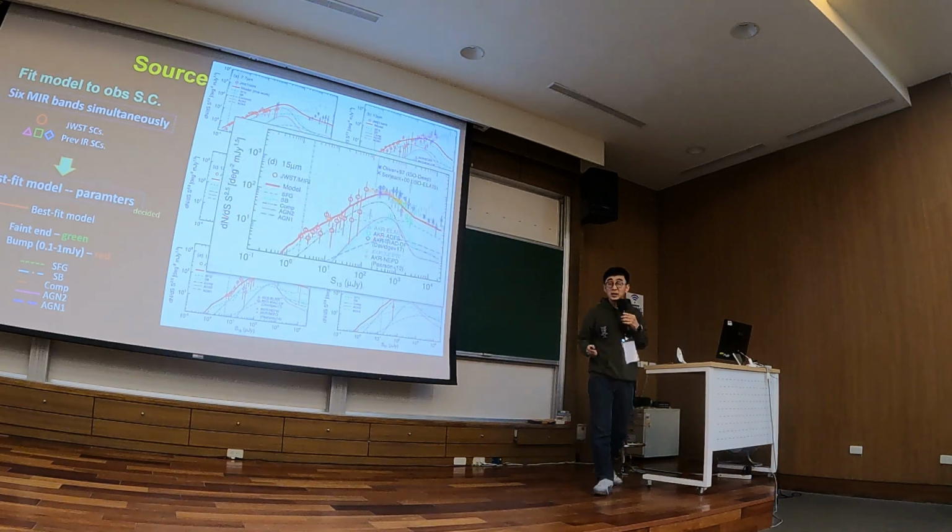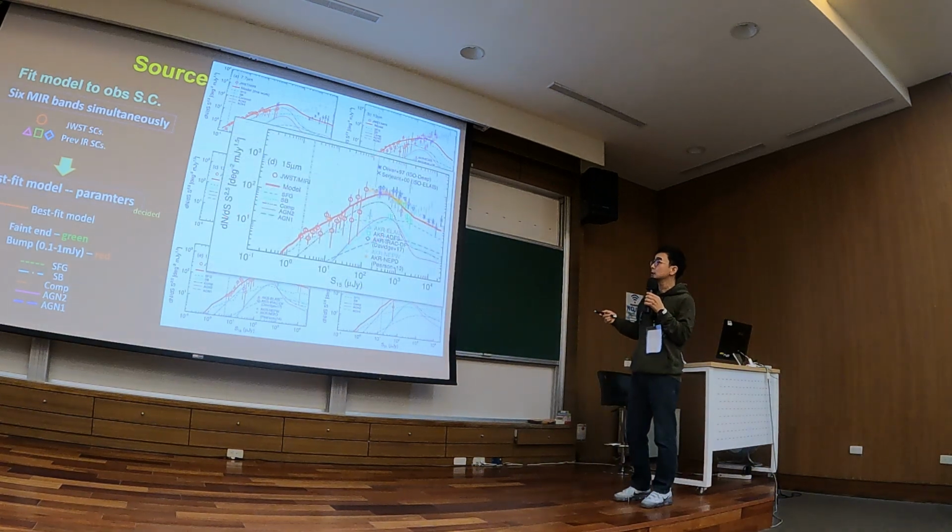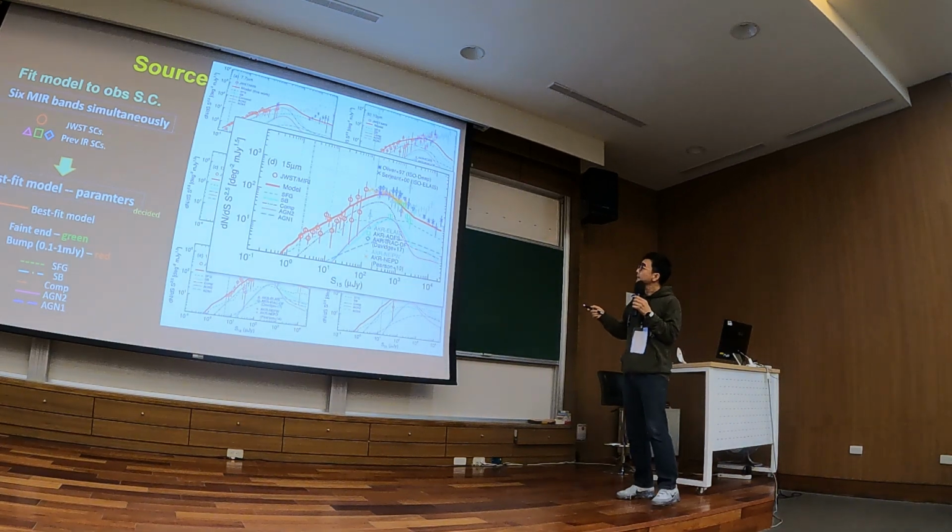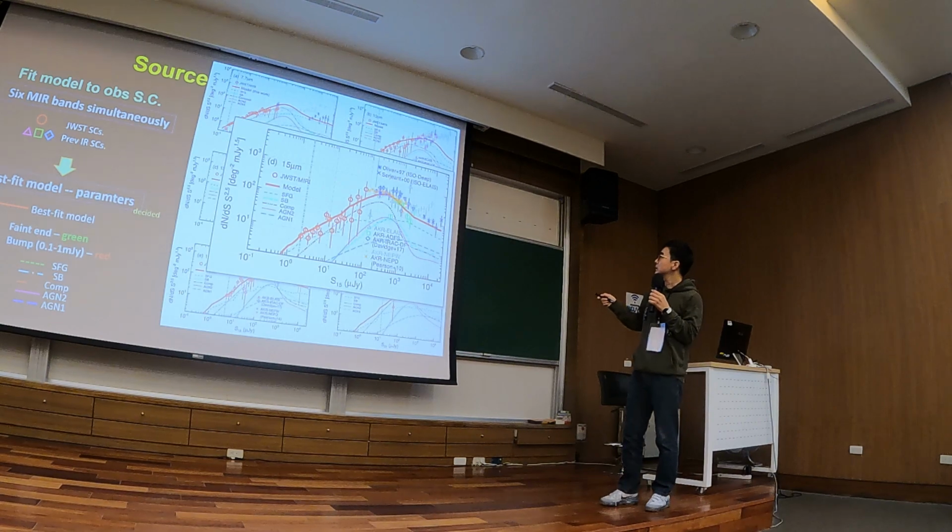For example, in the 15 micron source count, this red curve is our model, and this is the integrated result from all the 5 galaxy populations.